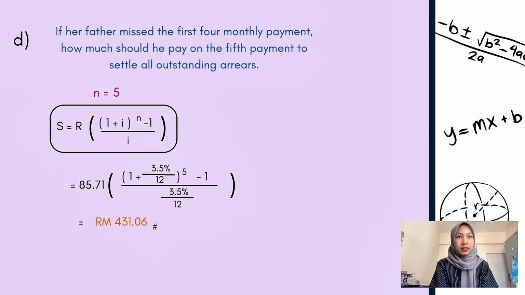And for the last question is D. If her father missed the first 4 monthly payments, how much should he pay on the 5th payment to settle all outstanding arrears?